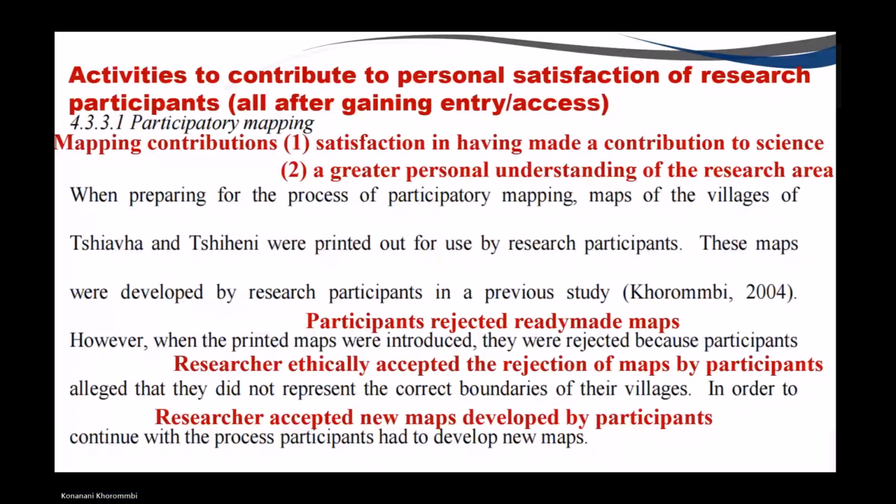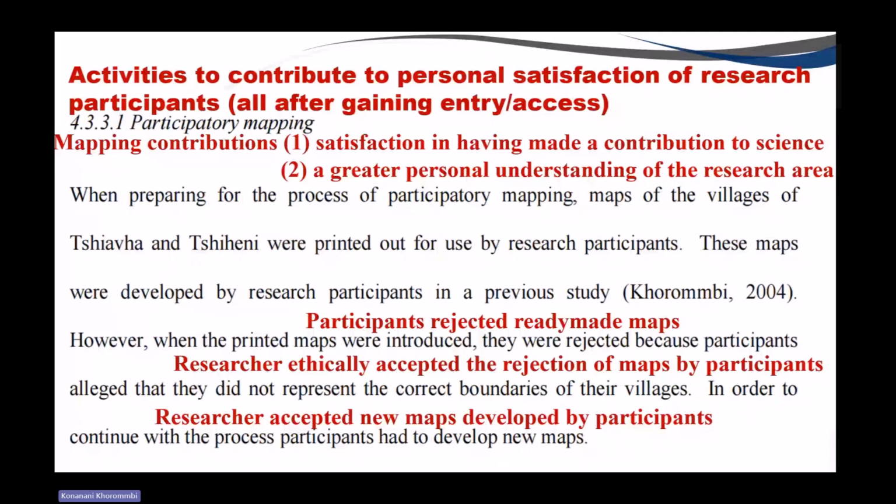Now, let us see how we can acknowledge how people can benefit and can see that they benefited. And this slide says activities to contribute to personal satisfaction of research participants, all after gaining access. Now, in participatory mapping, I told you at GNE, there were members of the research team that rejected printed maps.